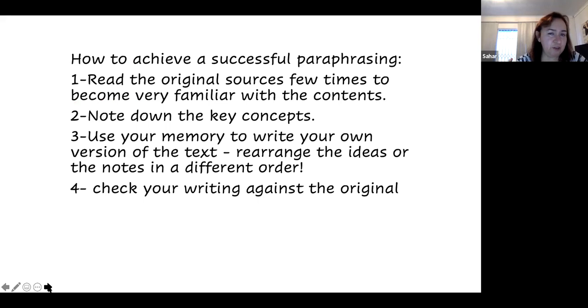So how do you achieve successful paraphrasing? You read the paper a few times first, so that you become familiar with the contents. What is the sample size? What did they do? What did they come up with? What methodology was used? You can write short notes on the side, and then use your memory to rewrite the abstract in your own words.